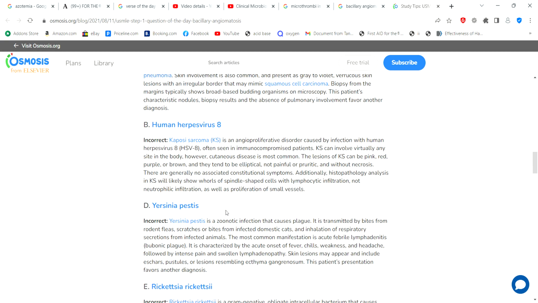And then in Kaposi sarcoma, you just see lymphocytes. Spindle-shaped cells with lymphocytic infiltration.